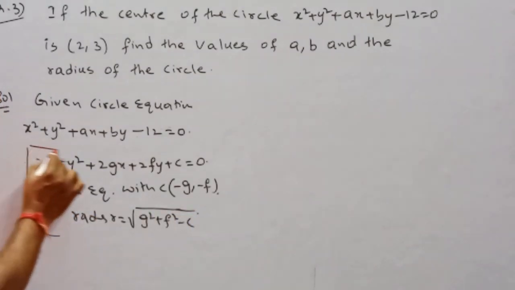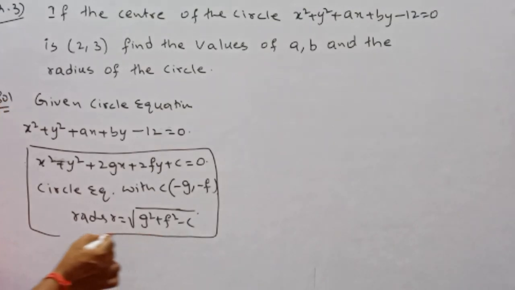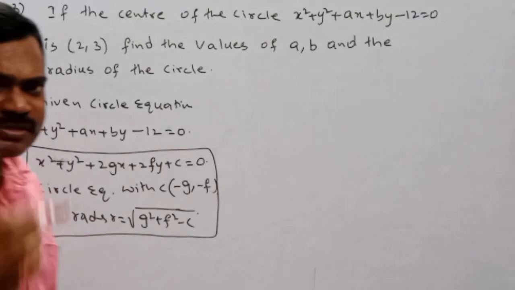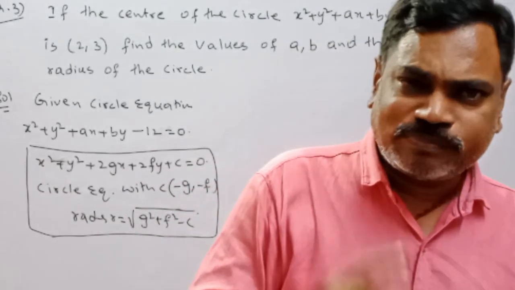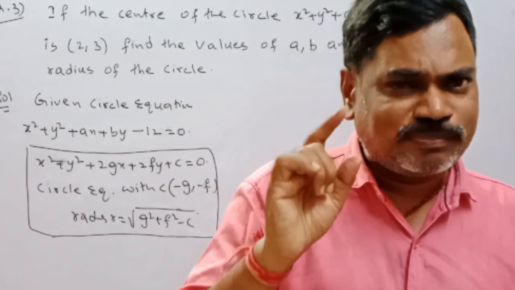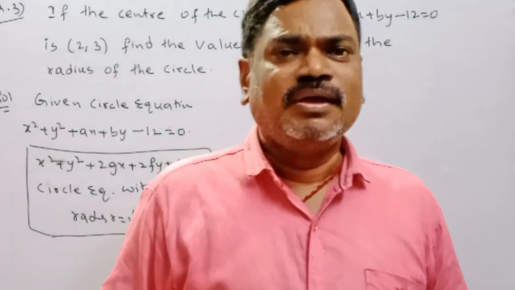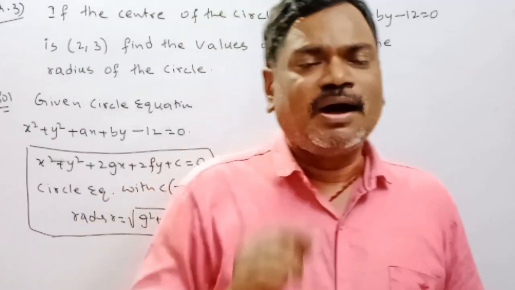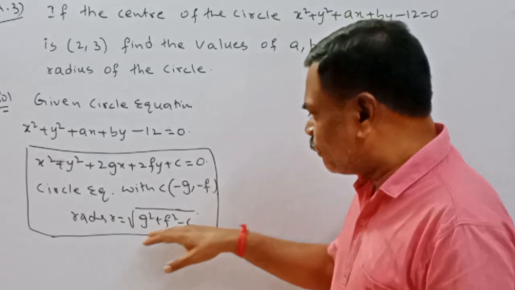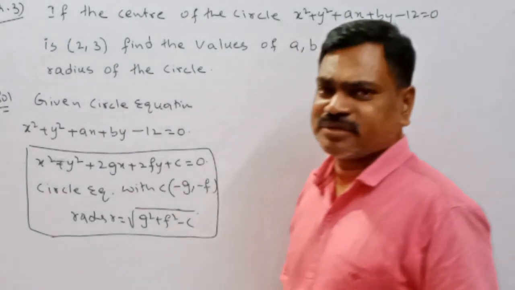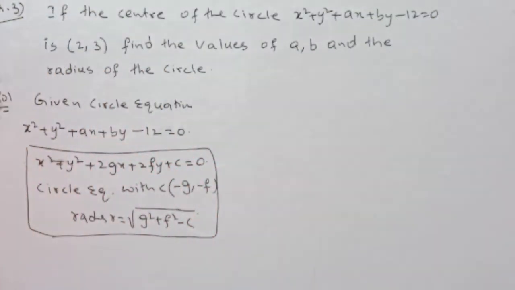This is the formula. What is the general circle equation? x square plus y square plus 2gx plus 2fy plus c equal to 0, and the radius of the circle r is equal to root over g square plus f square minus c.